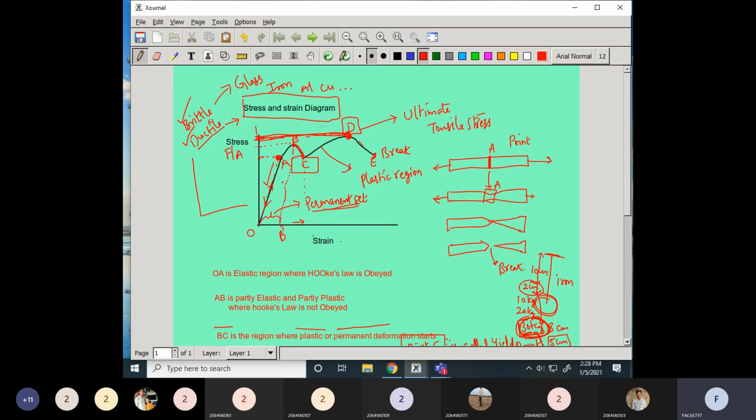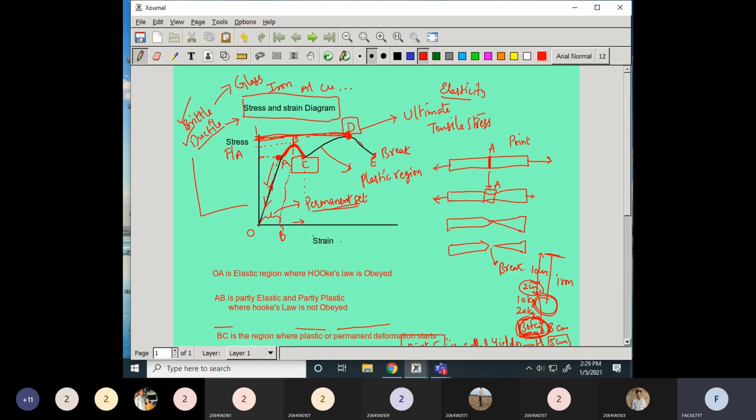So the first thing is that you identify which one is brittle and which one is ductile. Thereafter, for any one material, you can find where the elastic property is exhibited, up to which point you obtain the elastic property. Next, where you expect both elastic and plastic behavior.